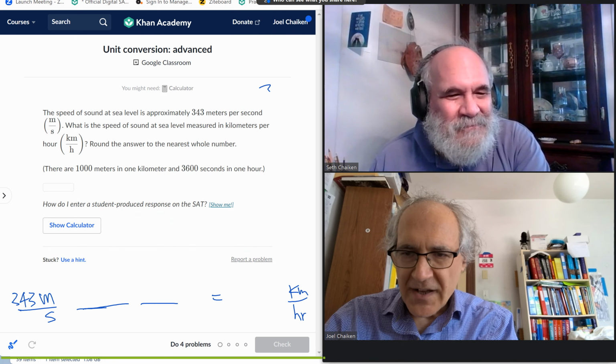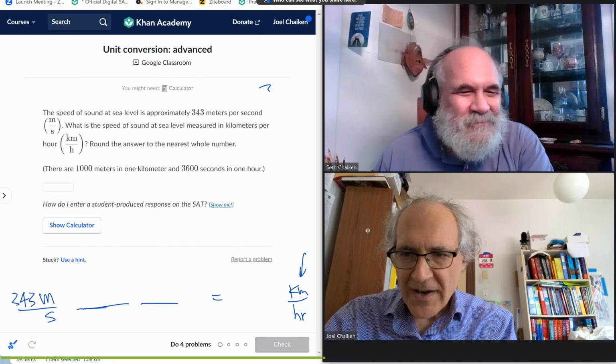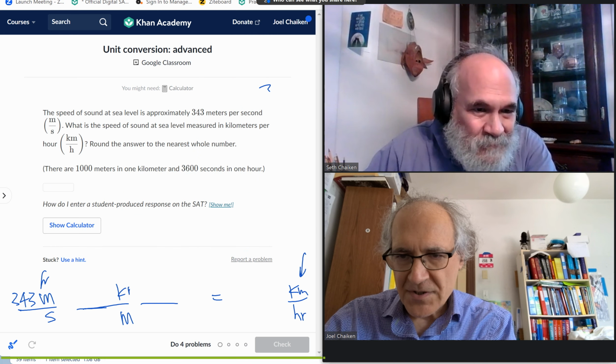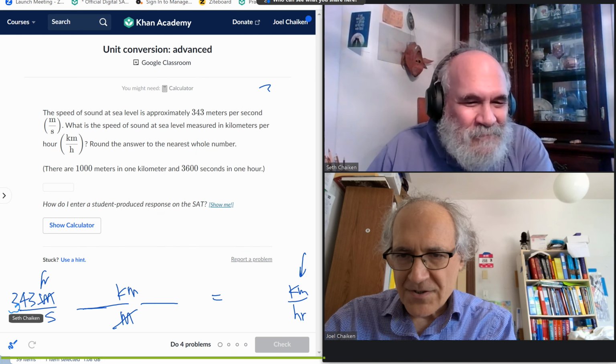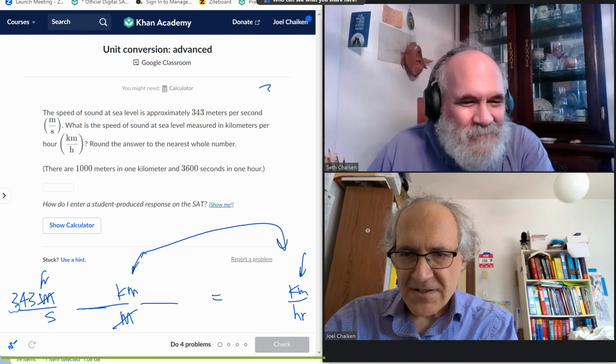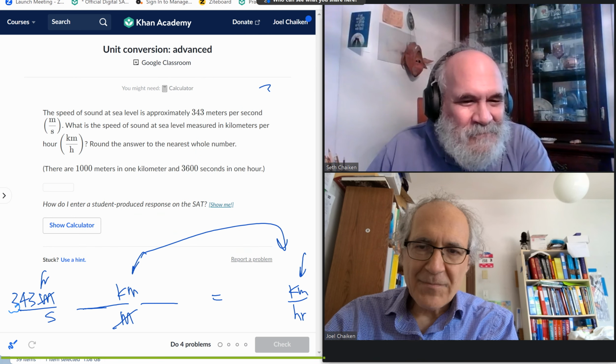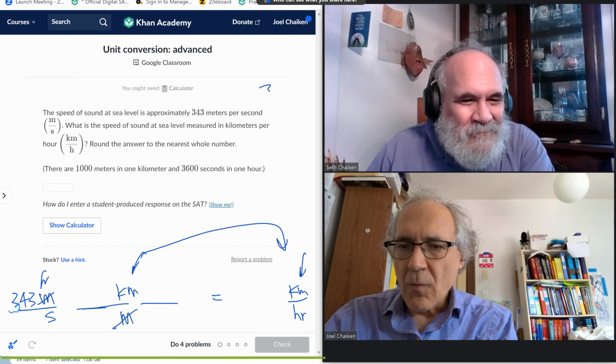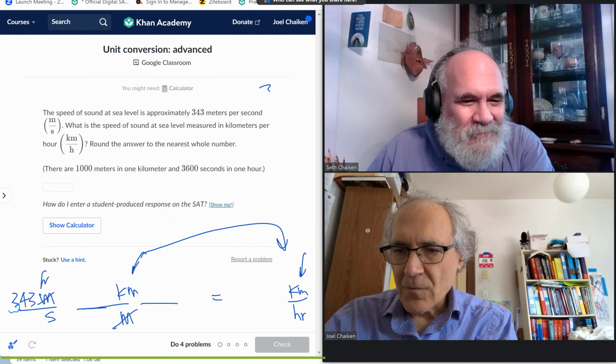Now, we want the kilometers in the numerator, so we put a meters here and a kilometers here, which means we get to cross out the meters, and we're left with kilometers, which is very nice. Now we ask ourselves, how many meters are in a kilometer? 1 kilometer is 1,000 meters.